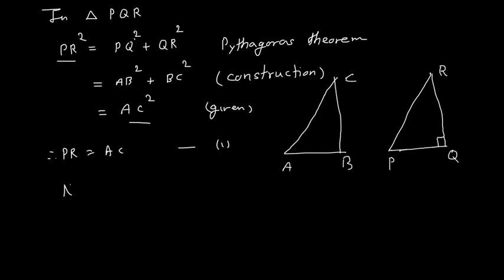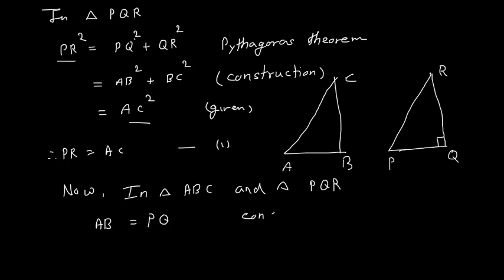Now I will take triangle ABC and triangle PQR. AB is equal to PQ. This is our construction. BC equal to QR. This is again the same construction, and AC equal to PR.